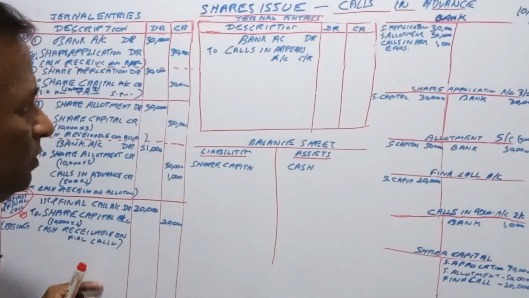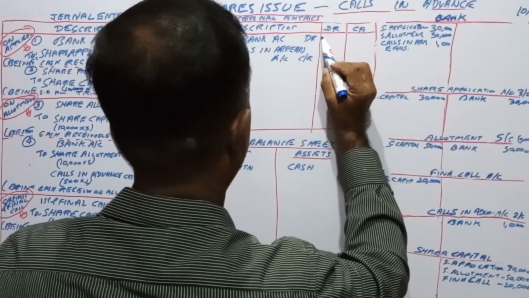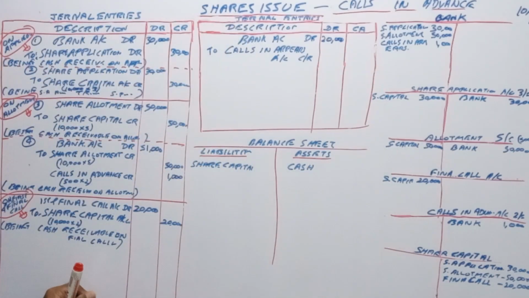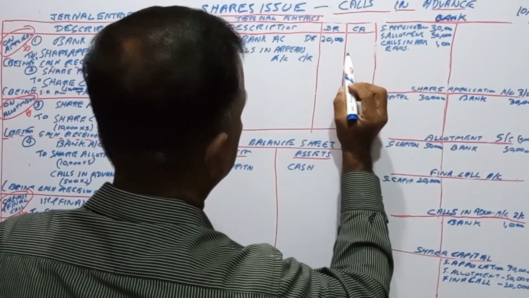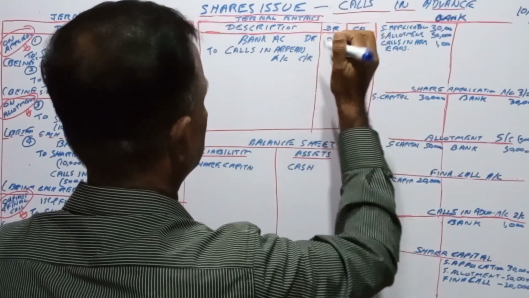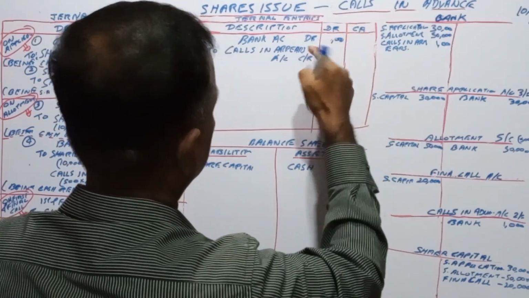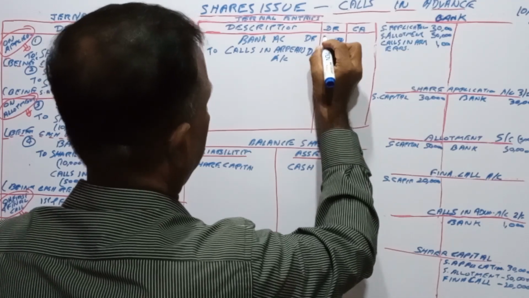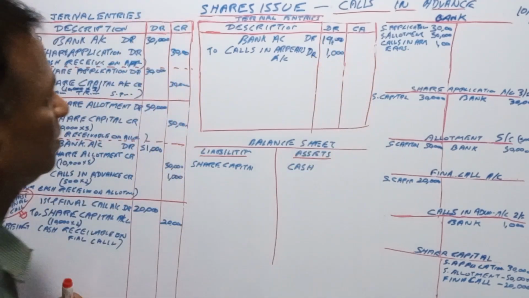What is that amount? 2 into 20,000. Bank account debit 20,000, calls in arrears 19,000, right? 19,000, calls in arrears 1,000, right?